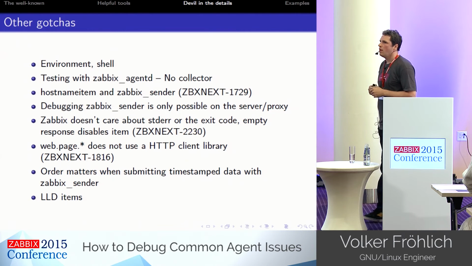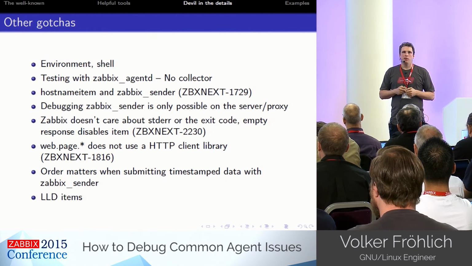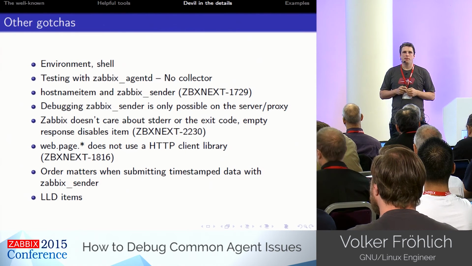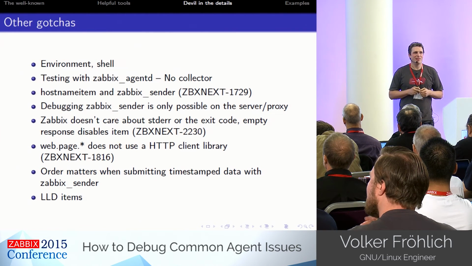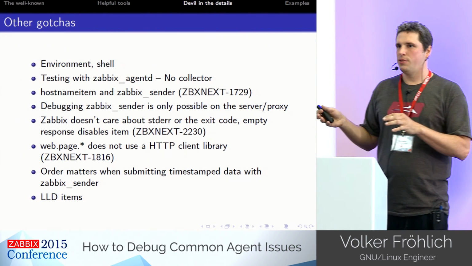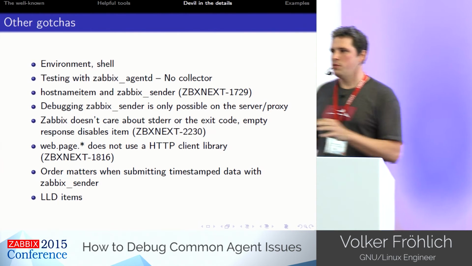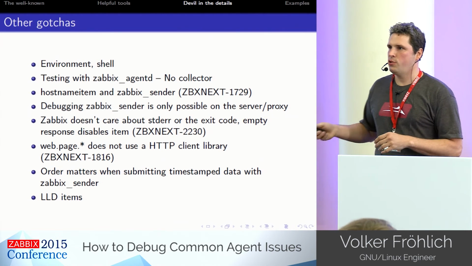Another common gotcha. Who knows what shell you're executing when you use a user parameter? Hands up? One? There's very little. So it is hard-coded on Linux to /bin/sh. What does that usually result in? On many systems that's bash.